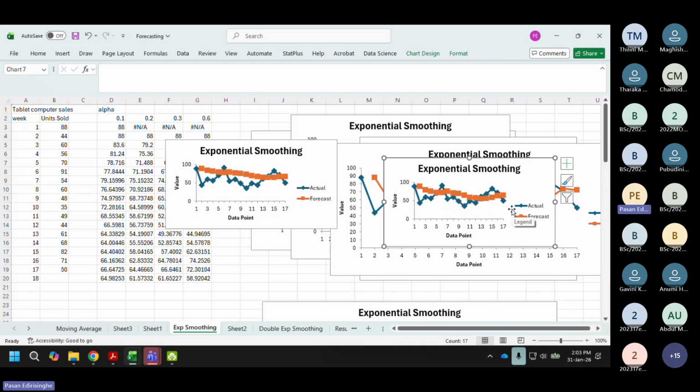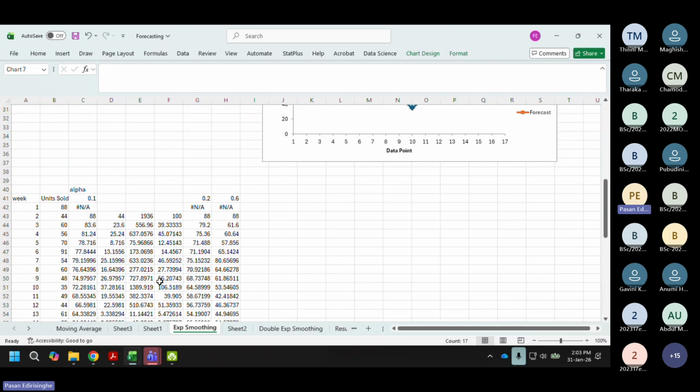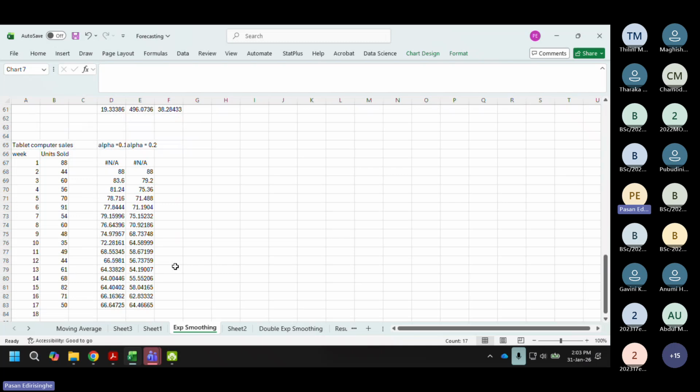You can notice that they're not that much closer, and so they are kind of a deviation, right? So you can try to go for the different alpha values and see which one is going to be the better one, right?